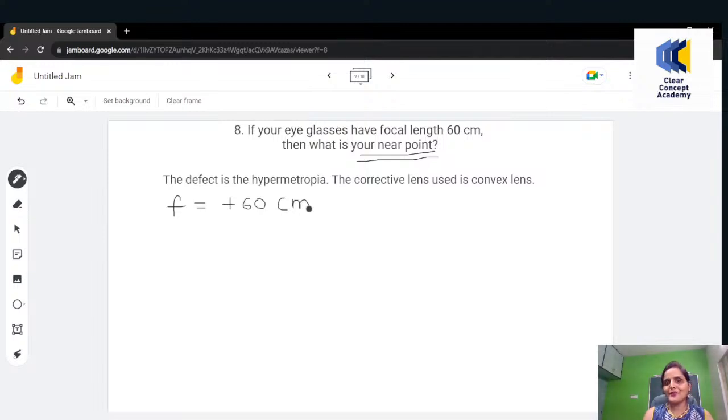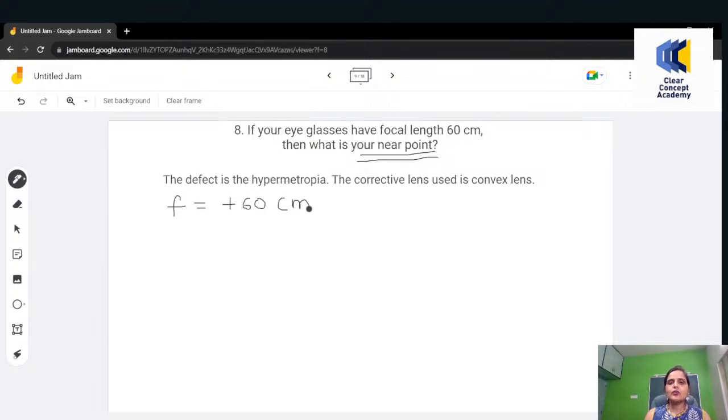Now the interesting part comes. When we are talking about hypermetropia, we should be knowing the near point of the healthy eye. So how much is it? The near point of the healthy eye is at 25 centimeter in front of the eye.